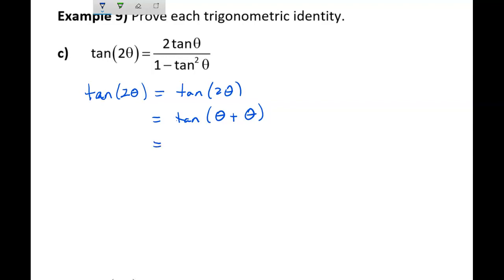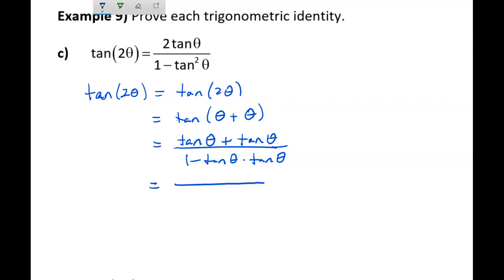So now we can use an angle sum identity to rewrite this as tangent of theta plus tangent of theta over 1 minus tangent of theta times tangent of theta. It's just that theta is both a and b in the identity. Now, when we add two things that are the same together, it's like multiplying that thing by 2, so that's 2 times tangent theta.